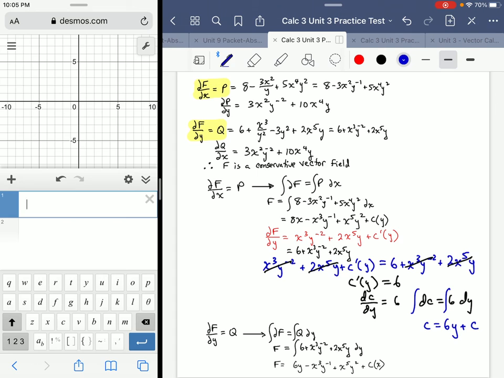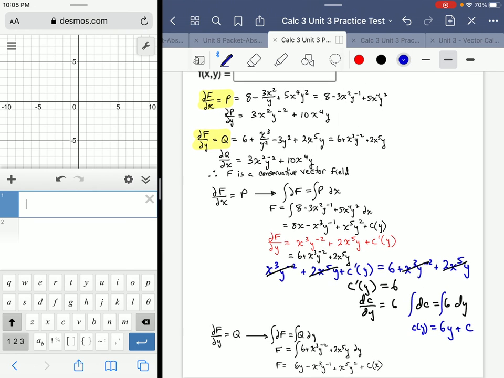Now that c is really the one on the left, so to make this as confusing as possible, that's really c of y. So let me make that the notation. That c of y is the constant function, but we're able to replace that with a function that includes a constant.